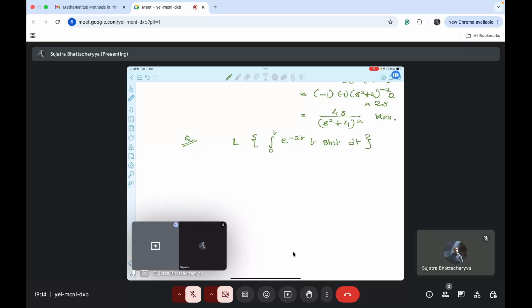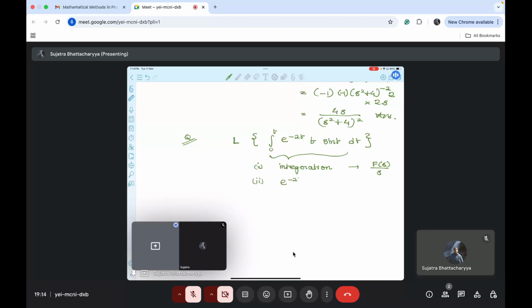Look, there are a couple of things here. I am seeing three things, right? One is that, first of all, there is an integration. And we know that for the Laplace transform, if the integrated function gives you F(s), the result is F(s) by s. Great. The second thing which I see is e^(-2t) sin t, which is showing you the shifting property.